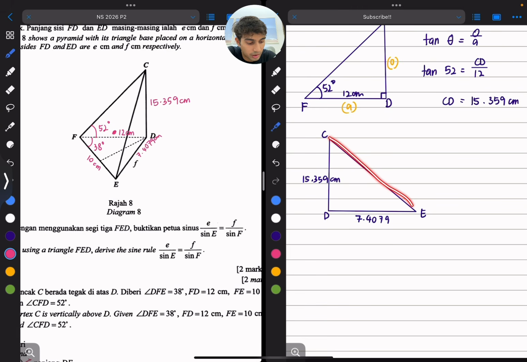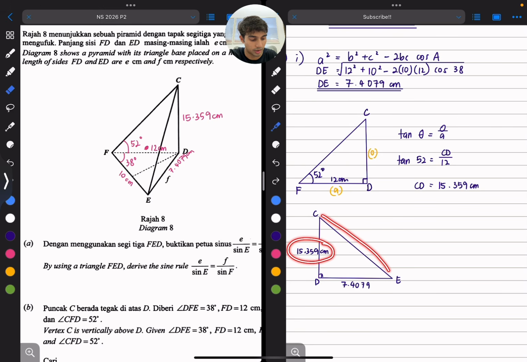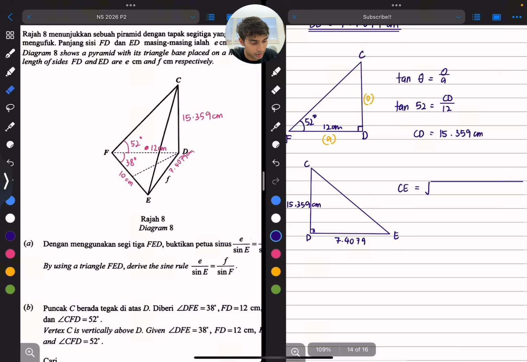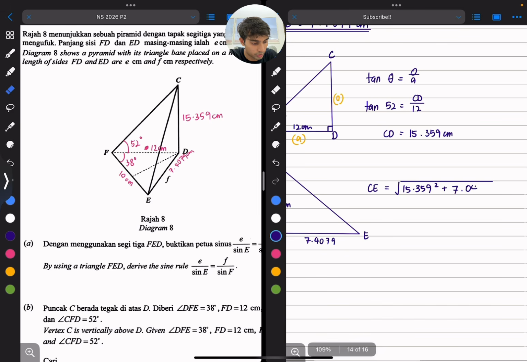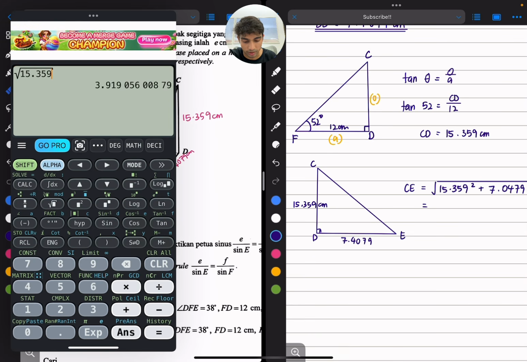We can easily find this one. Right angle triangle, so we can use Pythagoras theorem. To solve CE, this one square plus this one square, we will get this hypotenuse. So CE is the square root of 15.359 square plus 7.4079 square.